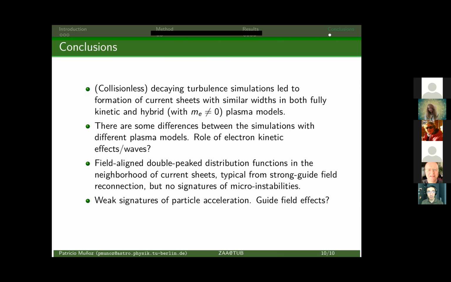And in that particular simulation, I could observe a very efficient particle acceleration that was mainly due to that effect. That's great, because nobody has actually considered this seriously for the solar wind parameters. So it would be great if you could do this.